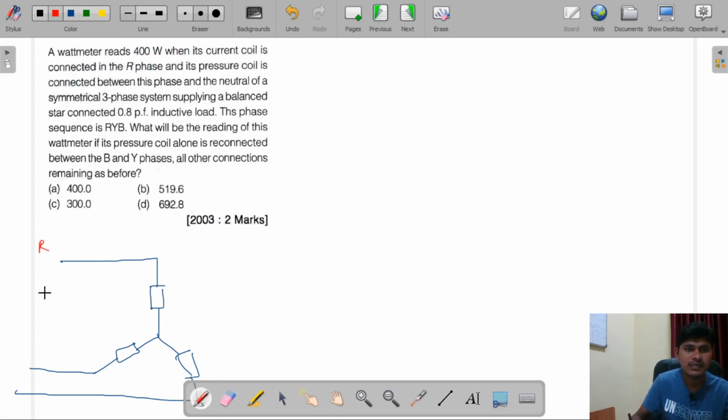This is R Y B. So the current coil is placed in line R, and the pressure coil is connected between this phase and the neutral point.